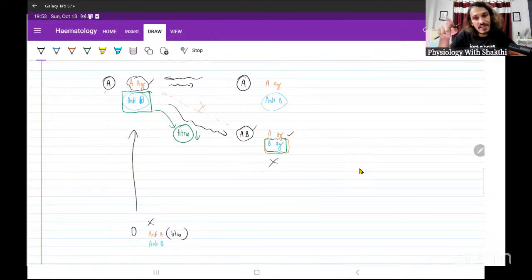Instead, if it was AB negative, say for example, you take blood from somebody who is proper according to ABO blood group, but RH is positive in that person and this person is negative, that will result in a problem. So to answer that question of universal recipient, AB positive is better.